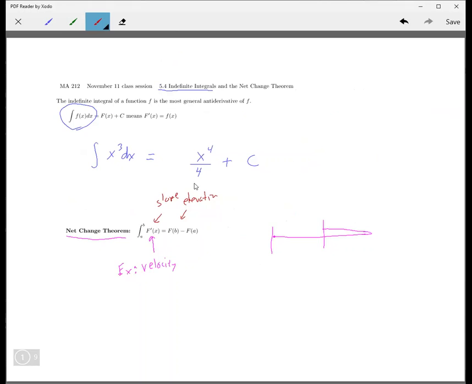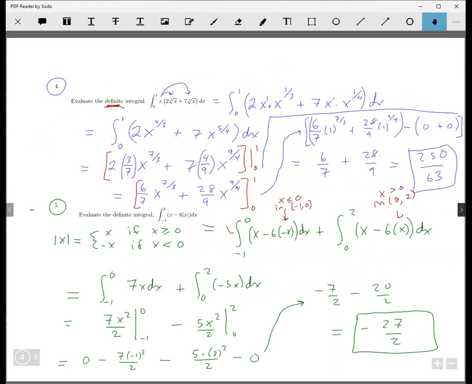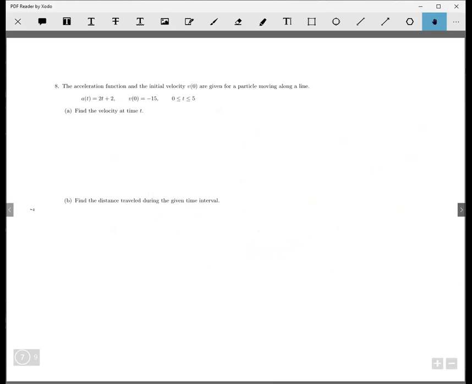Capital F is the elevation, little f is the slope. I mean, I'm sorry, capital F would be the elevation, and f prime would be the slope. Okay, so that's how that works right there. Okay, let's move on to number 8.